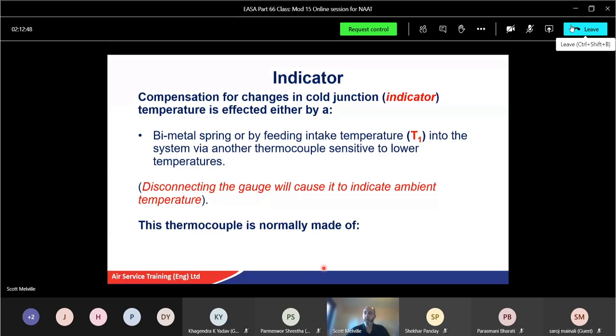And this thermocouple is normally made of iron and constantan, which is a copper nickel base. So that's the T1 thermocouple, not the exhaust thermocouple, but the T1 thermocouple.